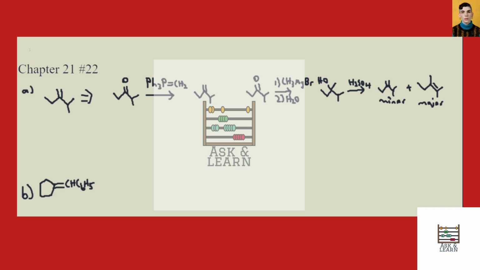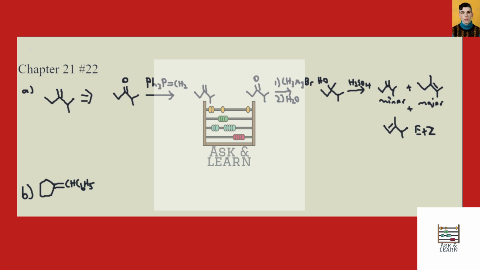And then we also might see some of this tri-substituted product, and of course we can get both the E and Z isomers here. So one takeaway from this problem is that in an instance like this, using a Wittig reagent is much cleaner.